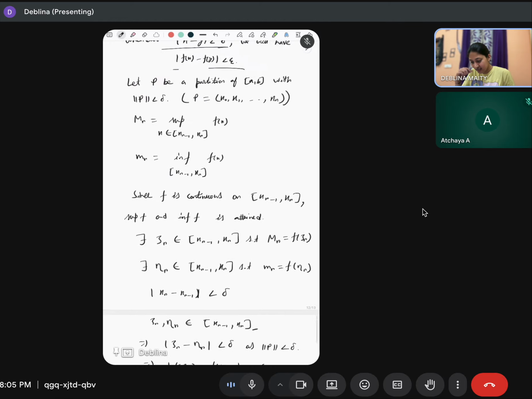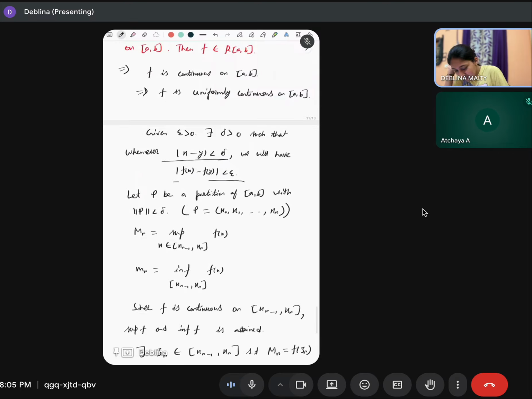Okay, let's take here not epsilon, we'll change it from epsilon to epsilon by (b minus a), for simplicity in the last calculation. This is the same thing: epsilon greater than 0 means epsilon by (b minus a) is also greater than 0, and for that value we can find a delta, right?